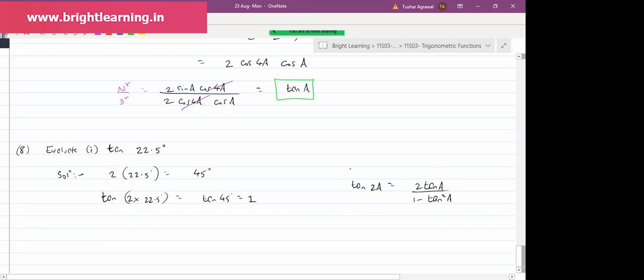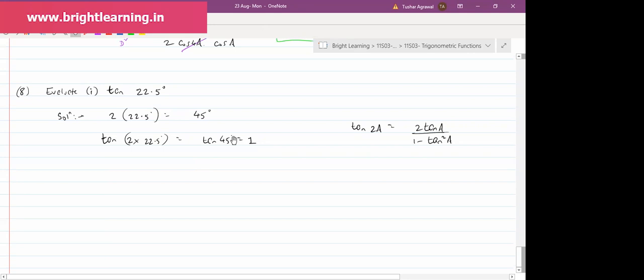This identity is just tan of A plus B. Instead of B, you have just substituted A again. So it will be equal to 2 times tan of 22.5 degree upon 1 minus tan square 22.5 degree, which is equal to 1. Now you have to calculate this value. You do not know what this tan 22.5 is.